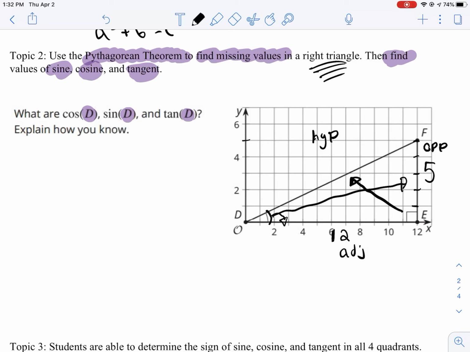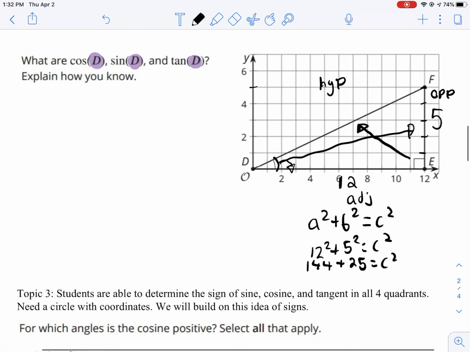So we plug it directly into the Pythagorean theorem, a squared plus b squared equals c squared, and we get 12 squared plus 5 squared equals c squared, or 144 plus 25 equals c squared. So we have 169 equals c squared.